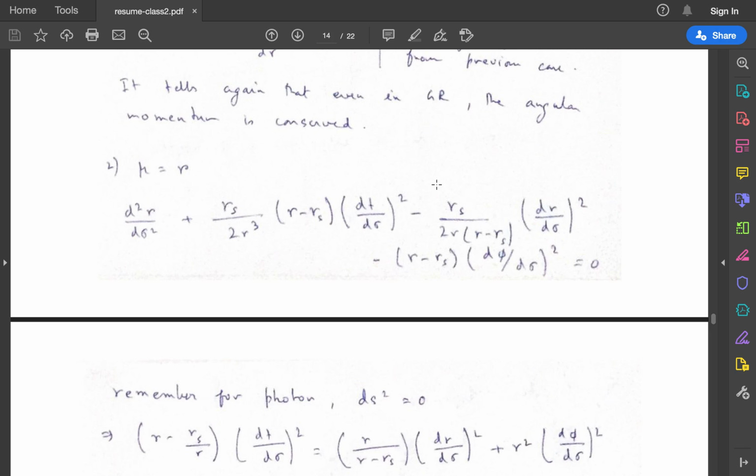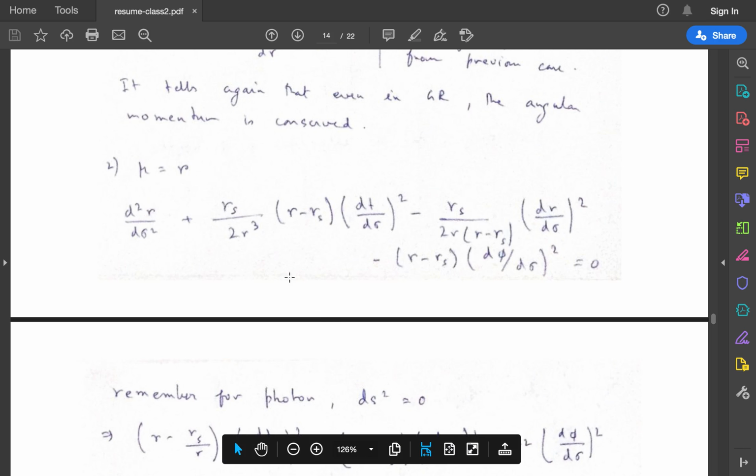I have written this in terms of the Schwarzschild radius, r_s, which is nothing but twice GM. So if I do this, we have this equation.